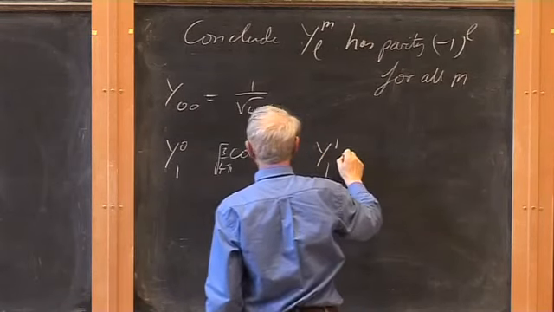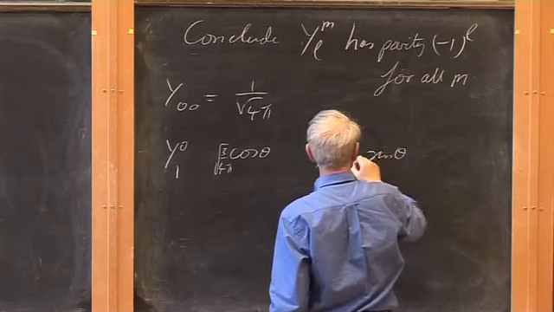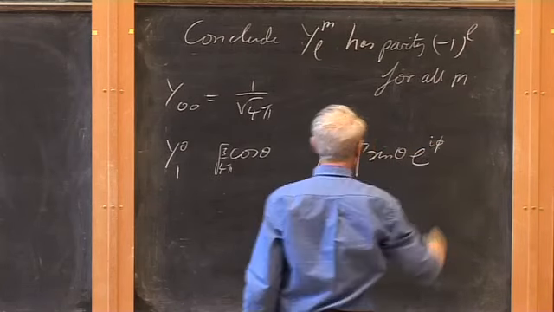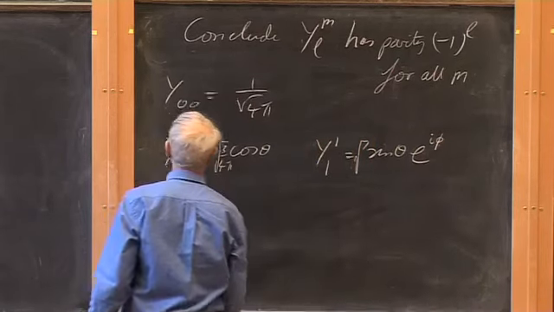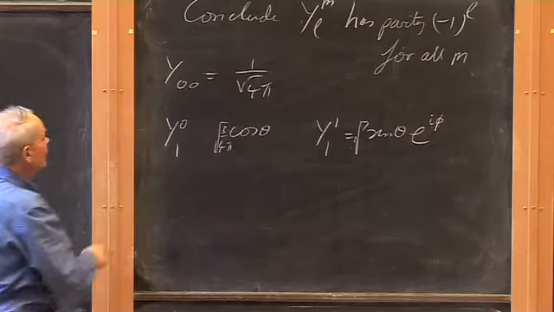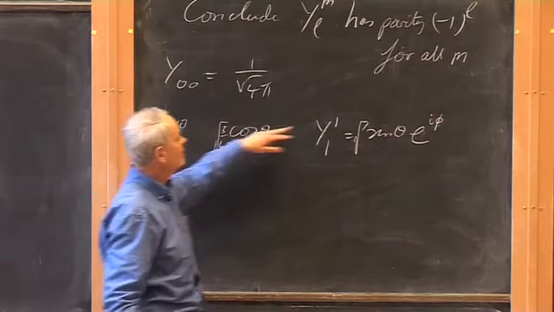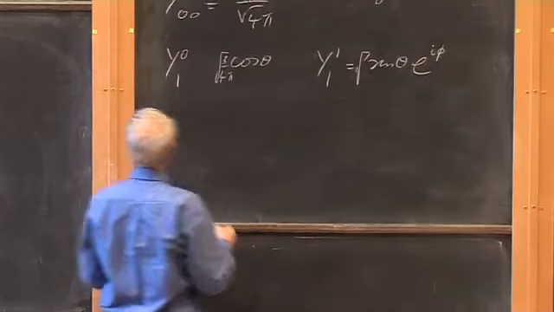Y11 is, of course, sine theta times some normalizing factor e to the I phi. And Y1 minus 1 would be the same thing with a minus sign here. So the point is that the Y1s go like cos theta and sine theta, and the Y2s go like cos theta, sine theta.